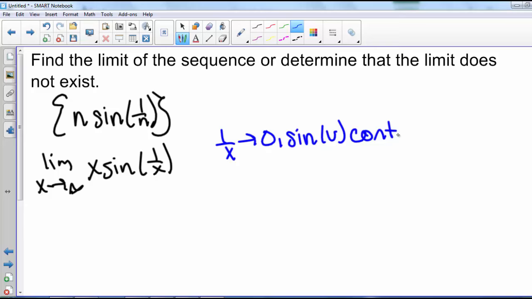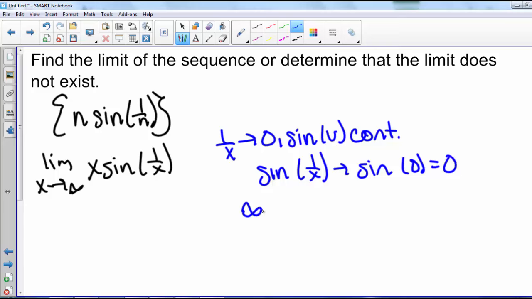So sine of 1 over x goes to sine of 0, which equals 0. So we're going to have an indeterminate form of infinity times 0.